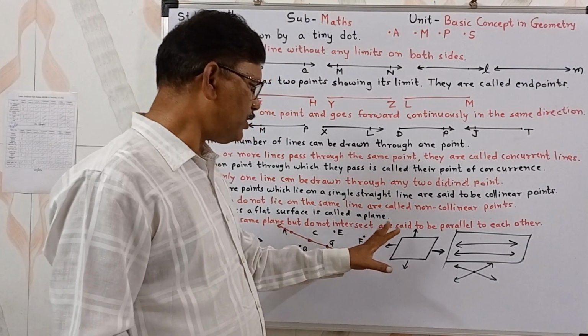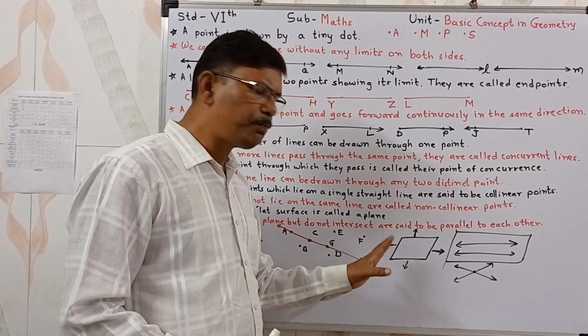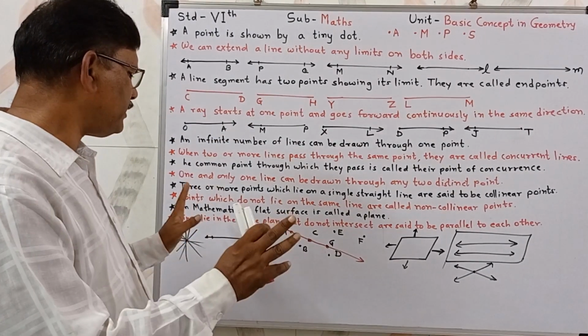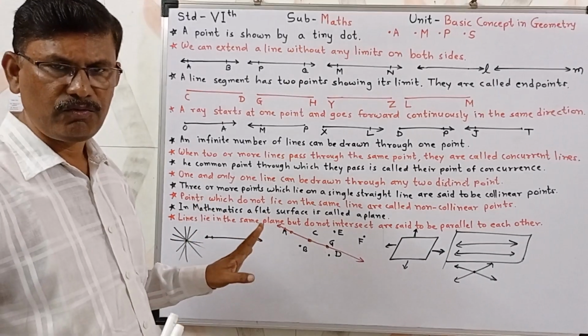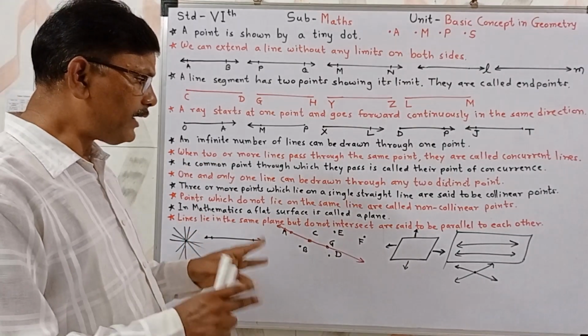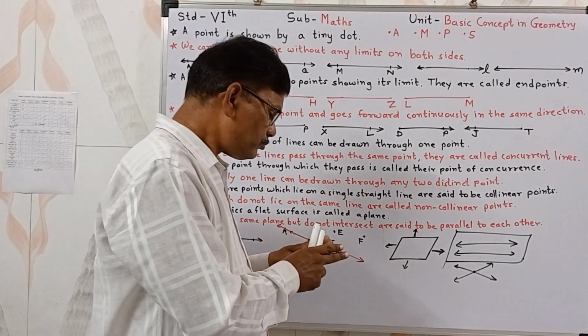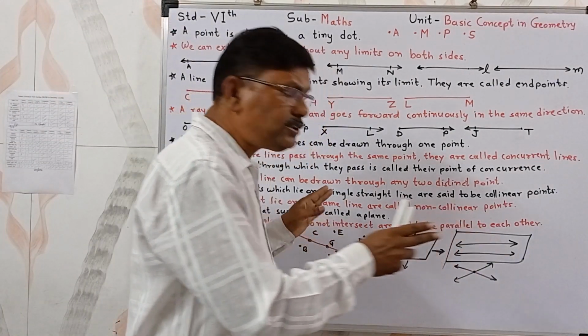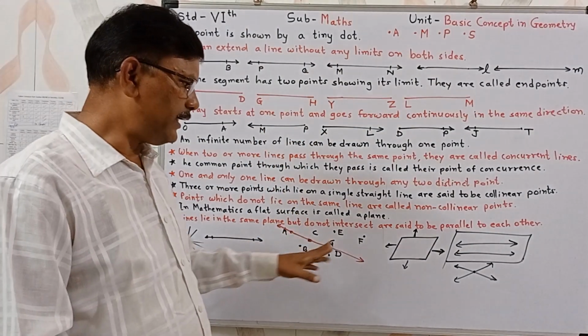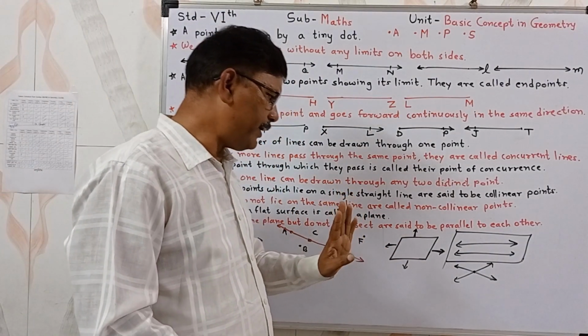Then we learned about a plane. A plane in mathematics is a flat surface which has four sides and extends in 4 directions. Understood? That is called a plane.